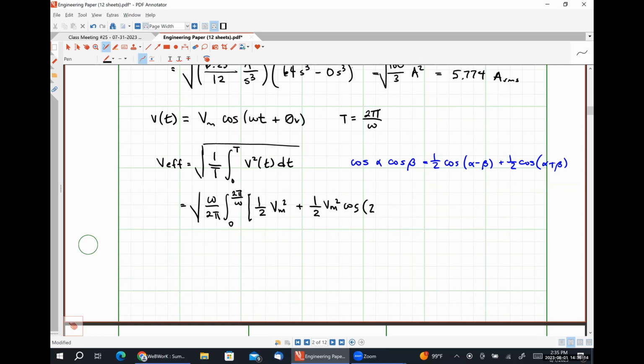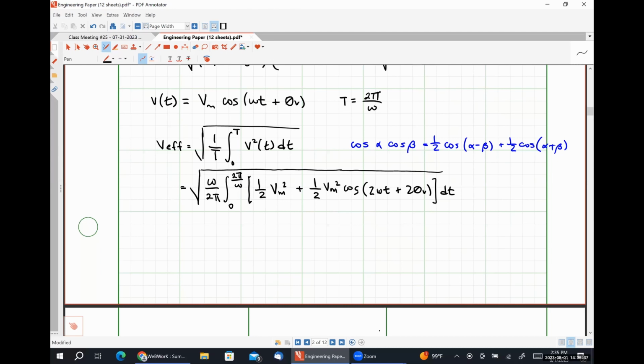So 2 omega t plus 2 theta v, close this off, dt. Much like I did yesterday when we were finding the average power, I'm going to break this up into two integrals.